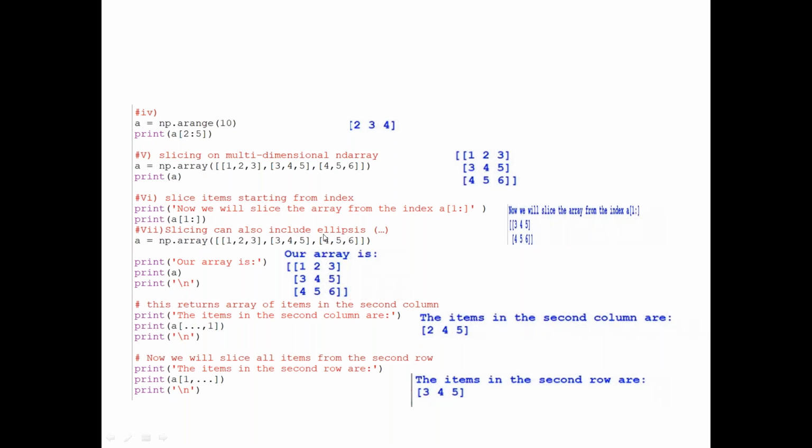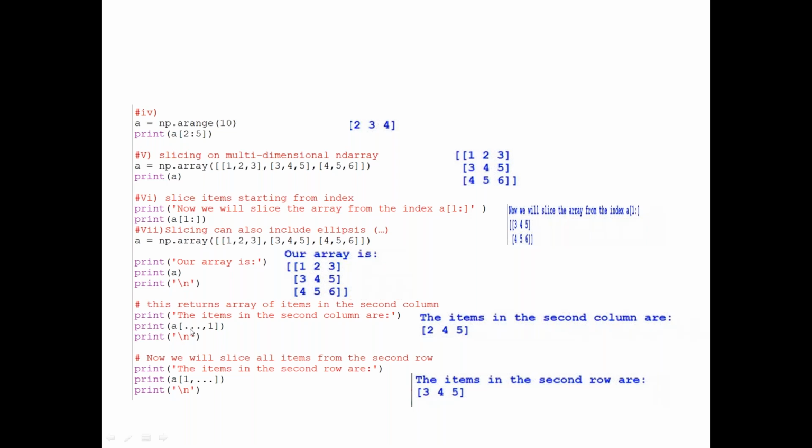Ellipsis is similar to that. You can see I have an array, our array is A. This returns an array of items in the second column. So ellipsis is nothing but 3 dots. So 3 dots comma 1. What I'm doing here is I want all the rows, but from the first column only.